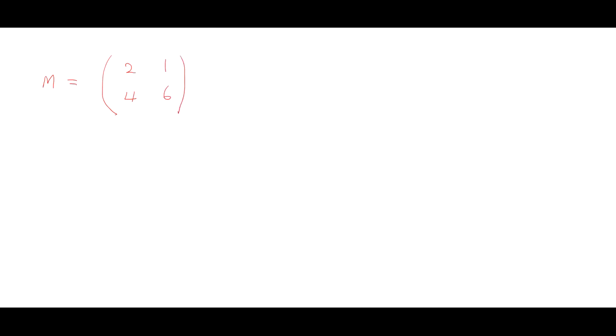Now this is a matrix, and let's draw another matrix. Let's call it A, and let's say 2, 1, 4, 3, 2, 1, 0, 6, 4, right? This is also a matrix.